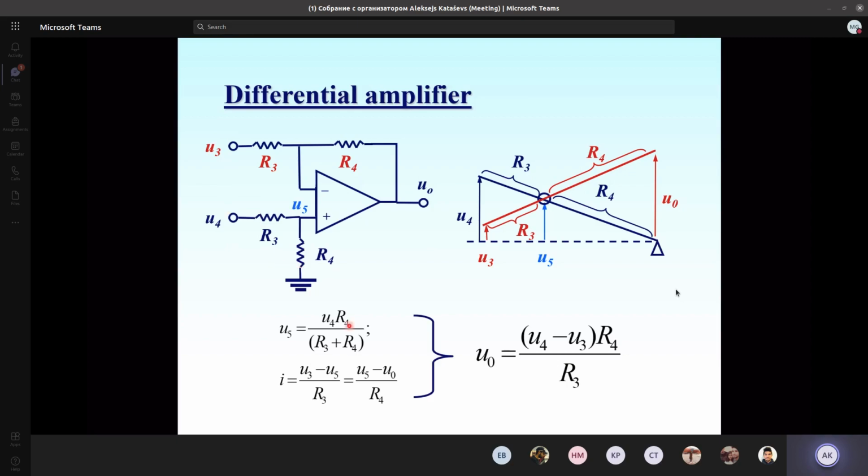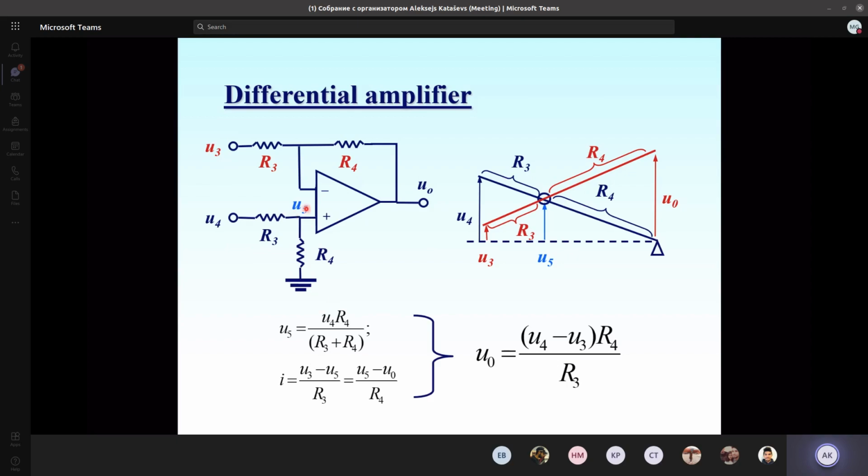Obviously it will be the input voltage U4 divided by the sum of the resistances R3 and R4. This gives us the current flowing through these two resistors, and then we multiply it once more by R4 to get the corresponding voltage drop over R4. So it's the usual voltage divider equation, where the total voltage over the divider is U4 and we are looking at the voltage on the bottom resistor R4. So this is the voltage U5.